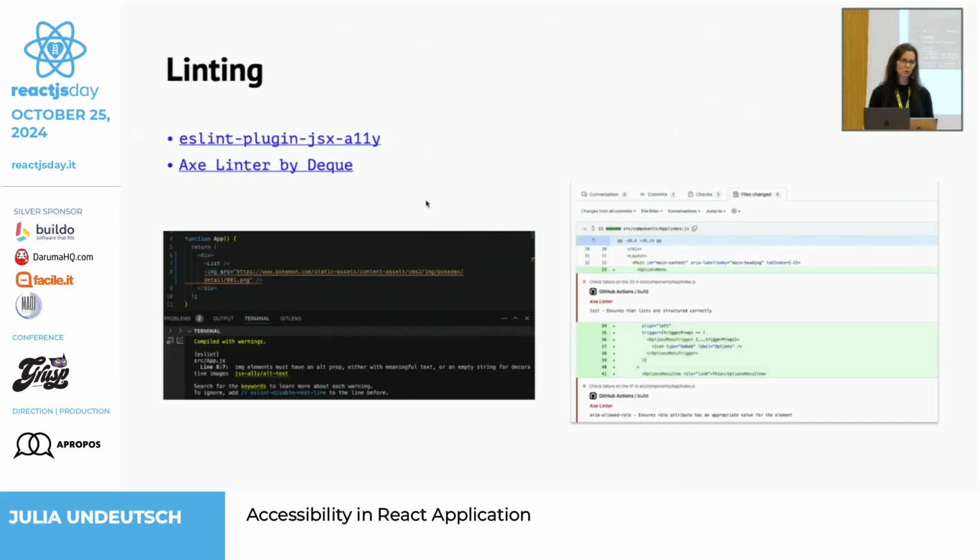Then, while you are coding, you can add linting stuff like the JS accessibility ESLint, or also from Deque, the axe Linter, which immediately shows you inside the code that in this case, hey, you're missing an alt attribute for your image, please do this. And I think some companies are also adding it, so that you cannot even push your code when it's not implemented.